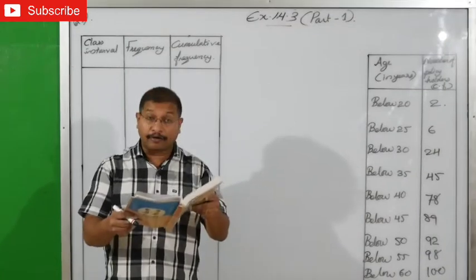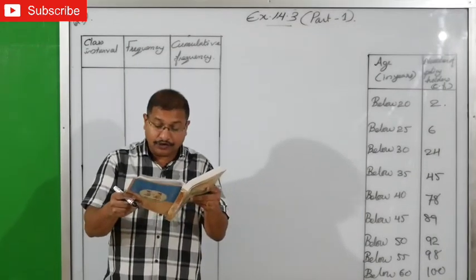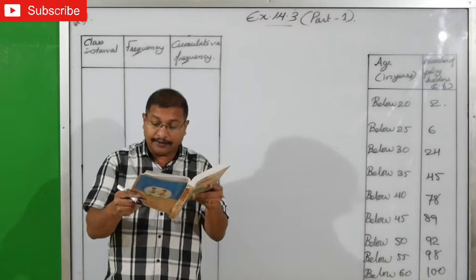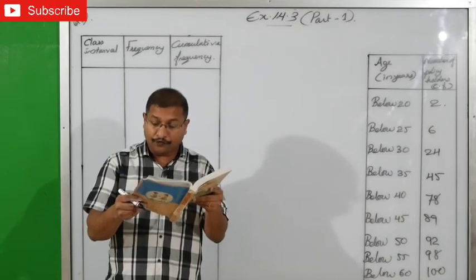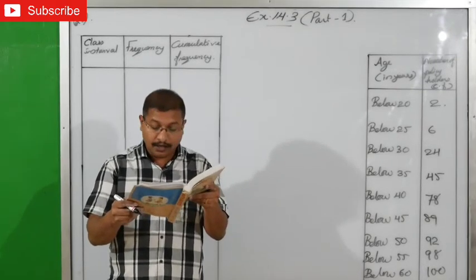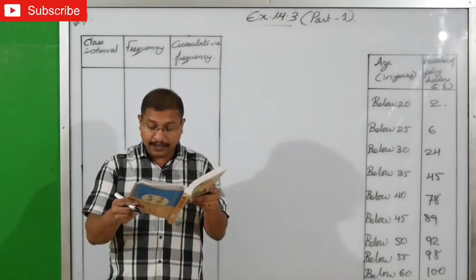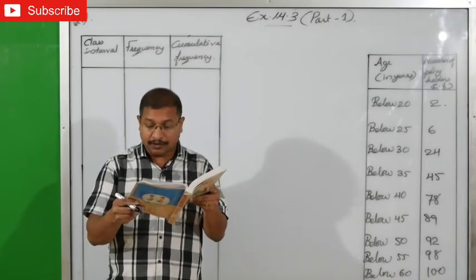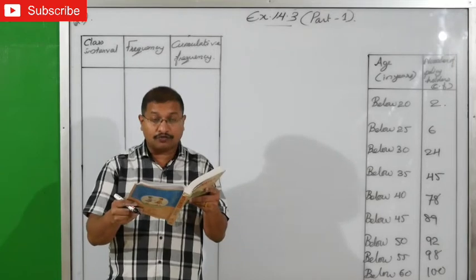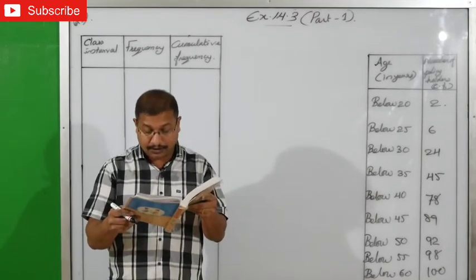Question number 3. I'll read the question once. A life insurance agent found the following data for distribution of ages of 100 policy holders. Calculate the median age if policies are given only to persons having age 18 years onwards but less than 60 years.